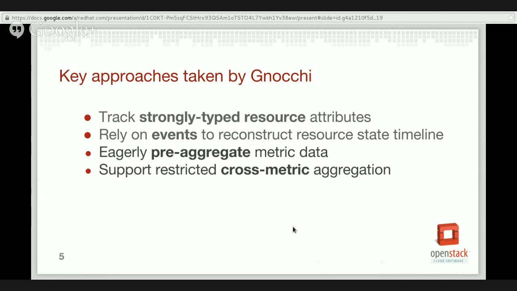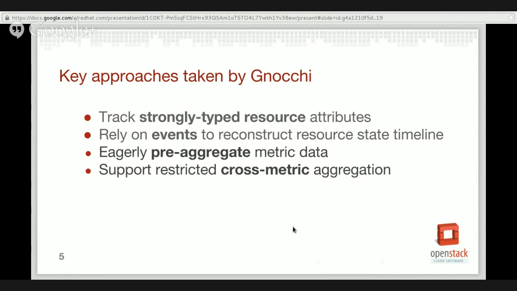But the point is that almost all of that resource metadata is either static, as I said before, or very infrequently changing. So rather than storing many snapshots of this pretty static stuff, instead we just store much fewer events, and each of those events represents a transition in the resource life cycle.